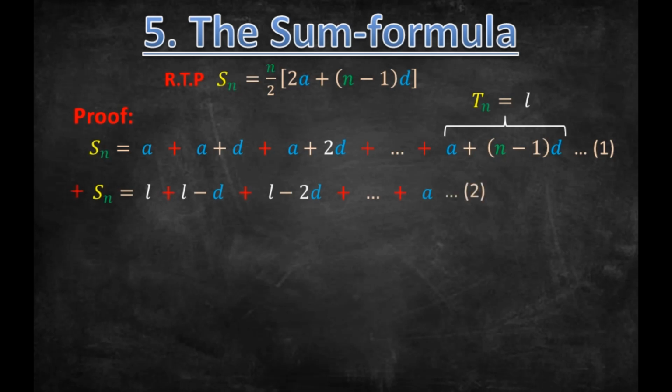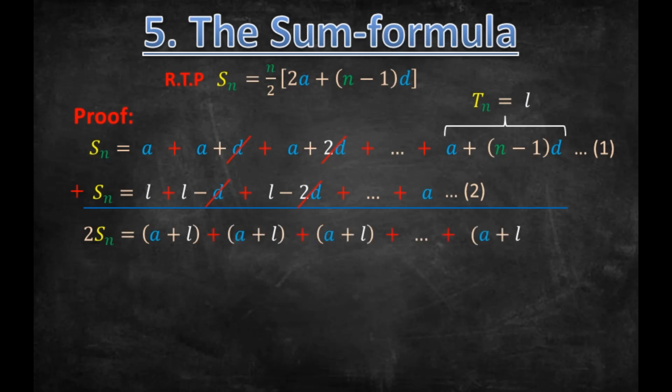We add equations 1 and 2, and on the left hand side we get twice S sub n. Notice that the d's cancel when we add corresponding terms on the right hand side. So we end up with a plus L added to itself n times. When we add something to itself n times, it's the same as multiplying it by n.